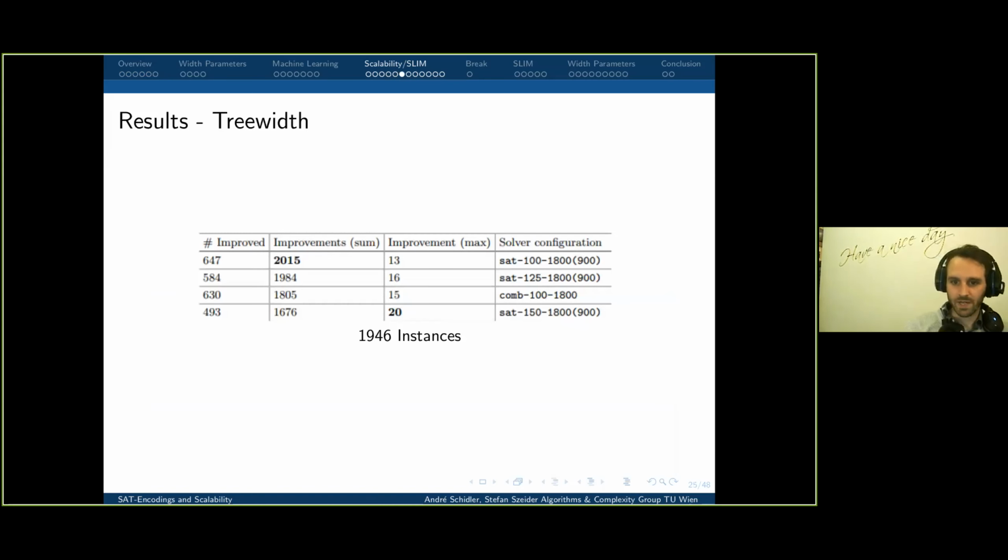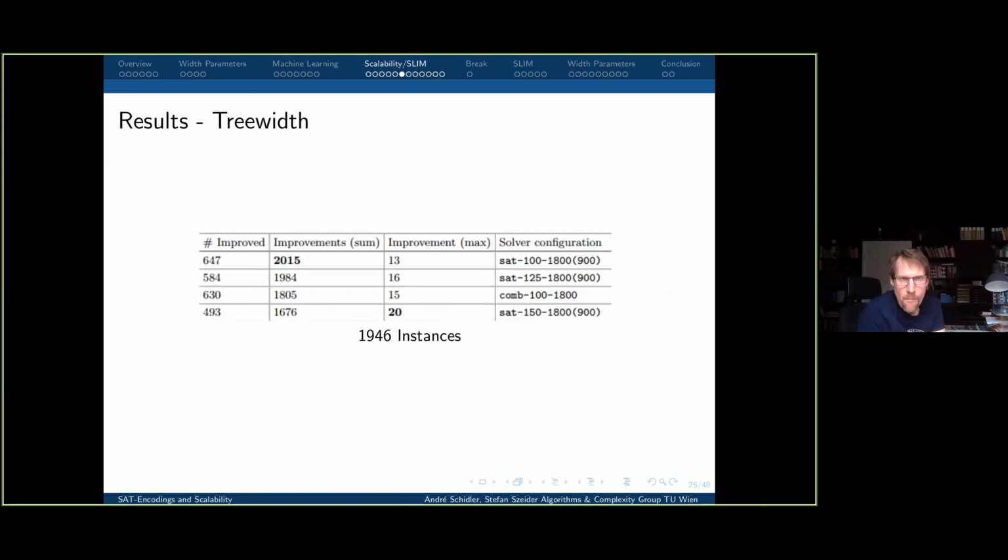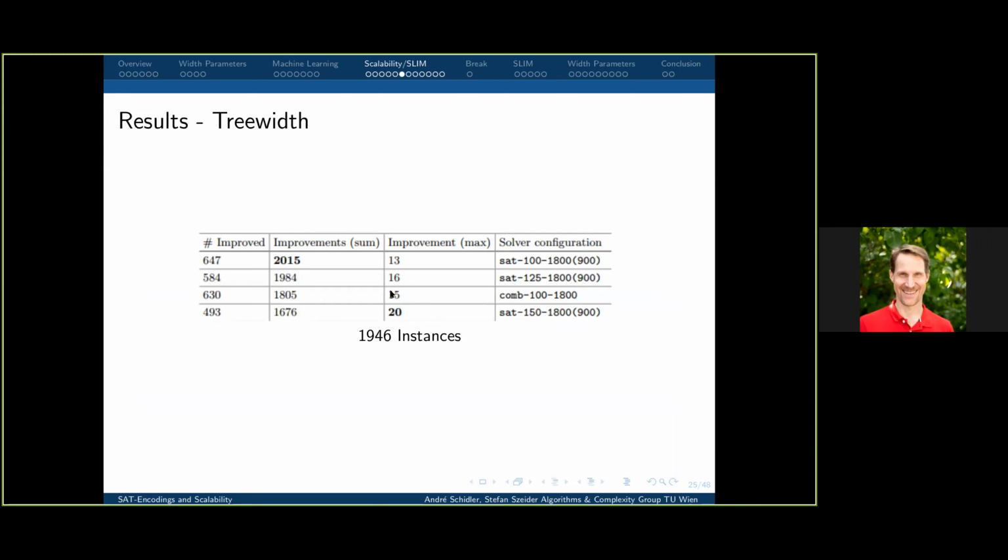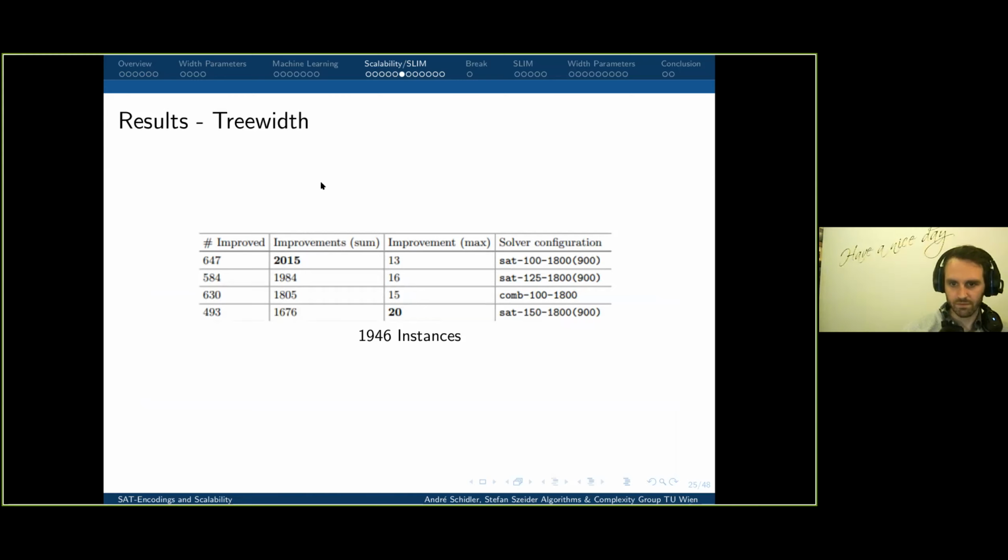So how does this work in practice? These are the results from TreeBIF. They ran this on about 2,000 instances. You can see that about a third of them they could improve upon the best heuristic, which is decent given that heuristics for TreeBIF are actually quite good.